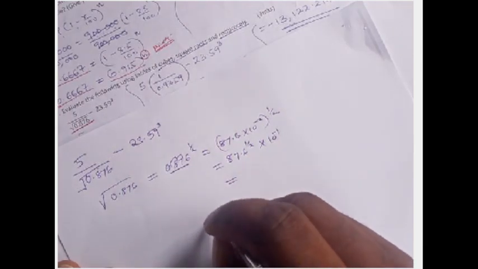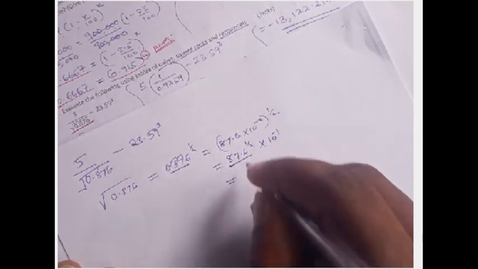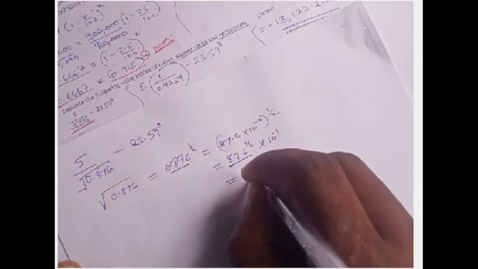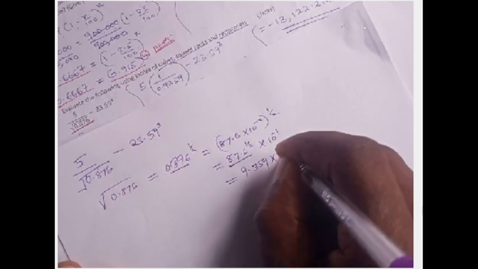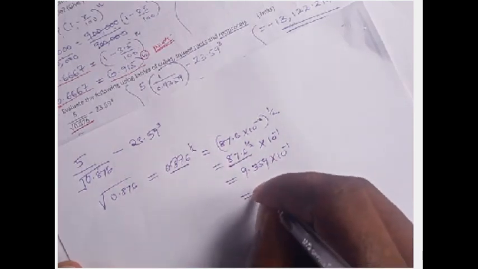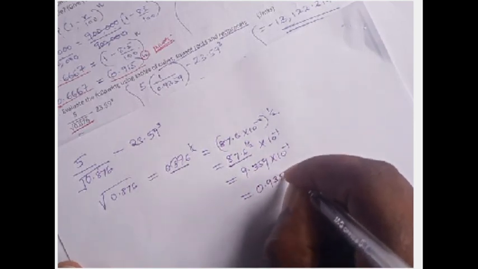From the tables of square roots of numbers between 10 and 100, we read this and it gives us 9.359 times 10 to the power of negative 1, and this is 0.9359.